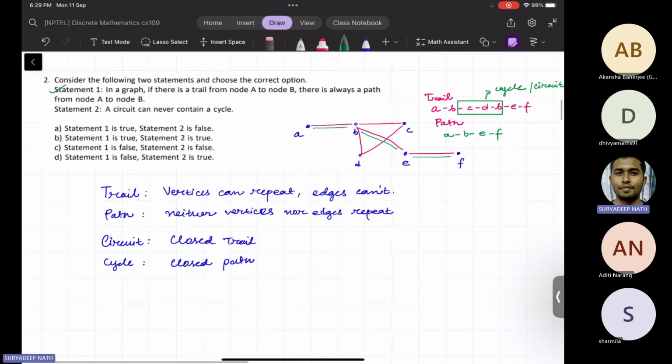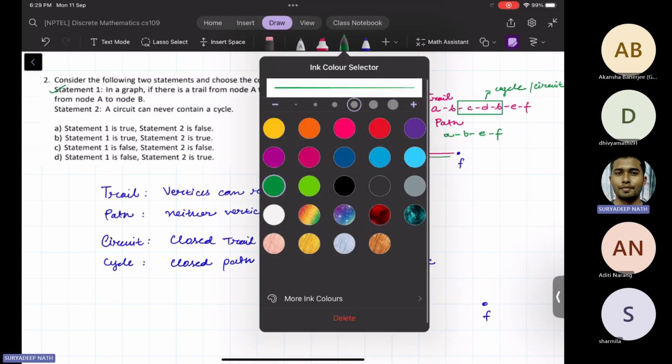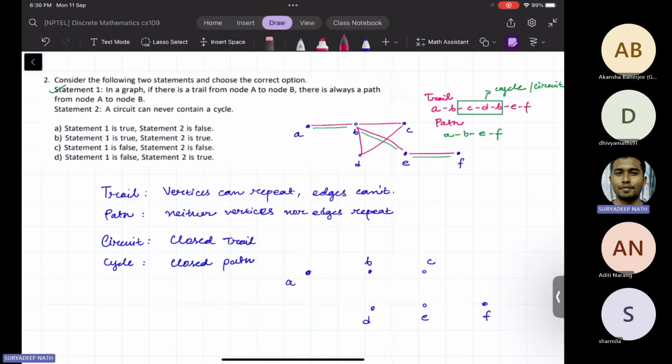Okay, I'll show you with an example. Take the same figure. We have A, B, C, D, E, and F. Now I'll create a circuit. A circuit is like a closed path.